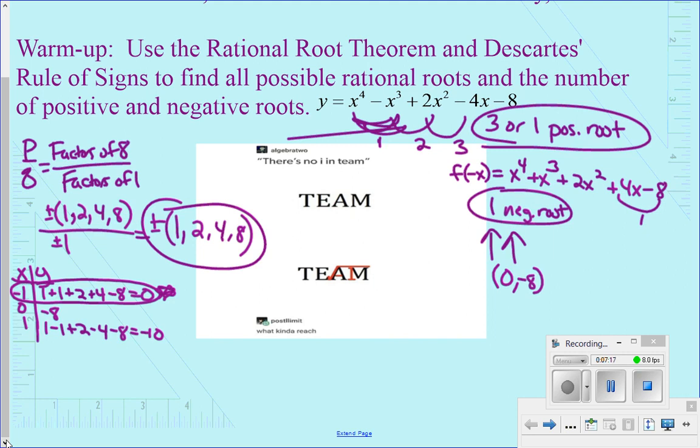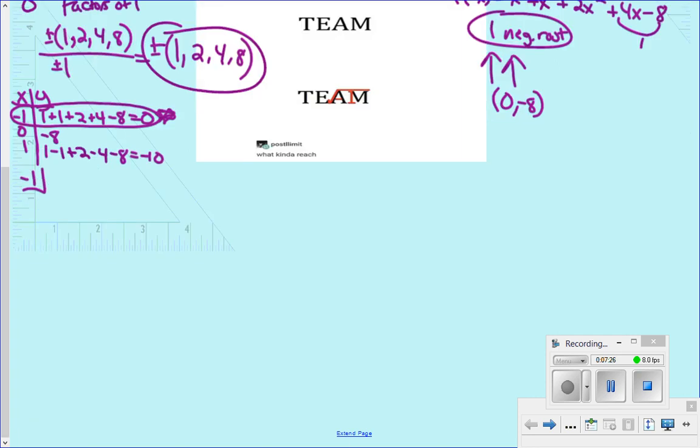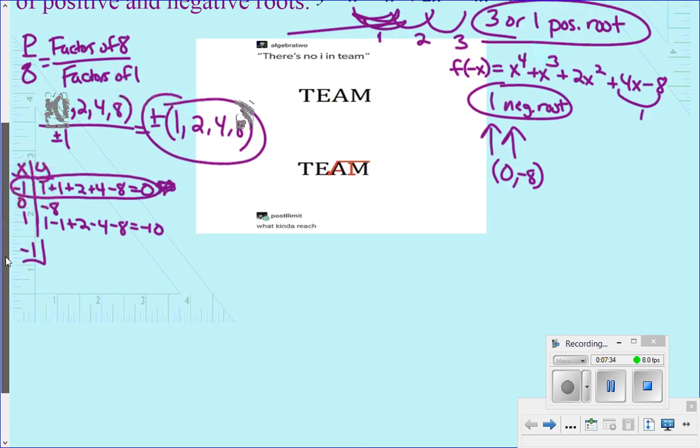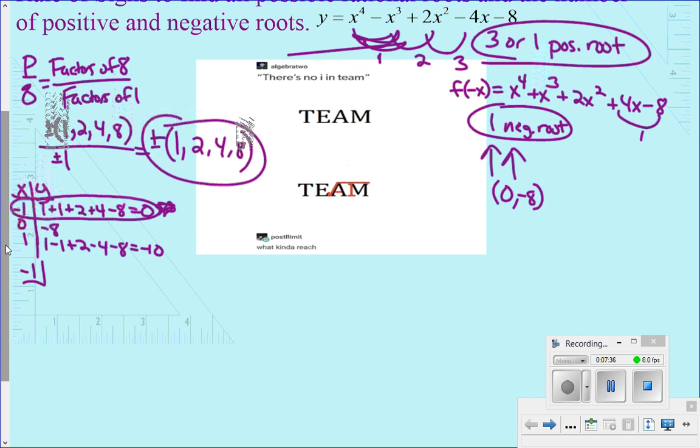So what I'm going to do is run through synthetic division using -1. And because I know it's a root, I'm expecting to get a 0 remainder when I finish. So let's run through synthetic, keeping in mind that if there's any missing terms, then we want to fill in zeros. I don't think I'm missing any terms here, but we would fill in zeros if we were.